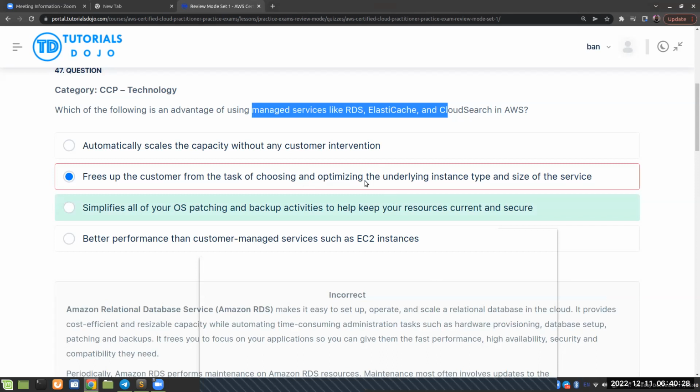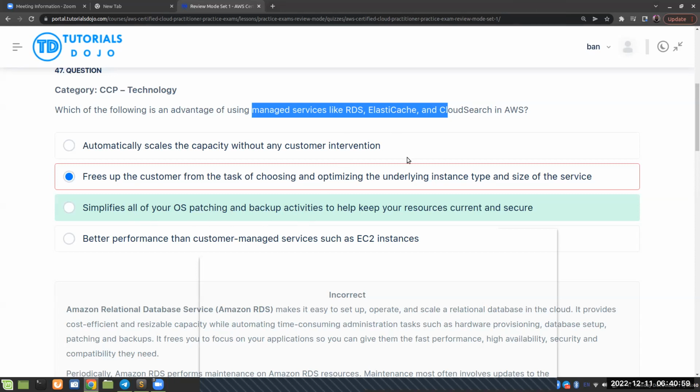The key point here is frees up the customer from the task of choosing and optimizing the underlying instance type. With RDS, you always have to choose the type of instance you want. So that's what made me already feel like this had an issue, because with managed services, especially with RDS, you still always have to decide which instance type you want. But simplifies all of your OS patching and backup activities.